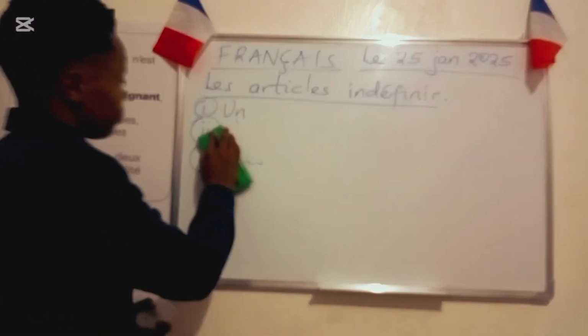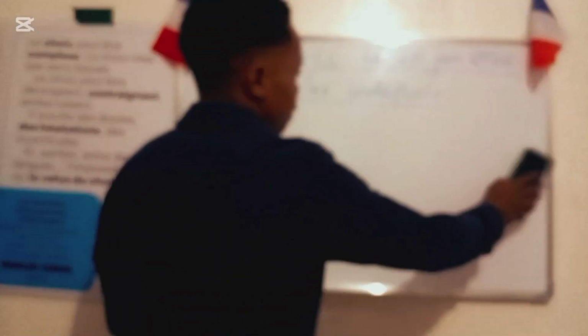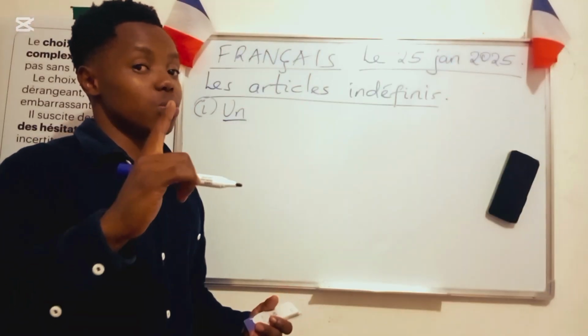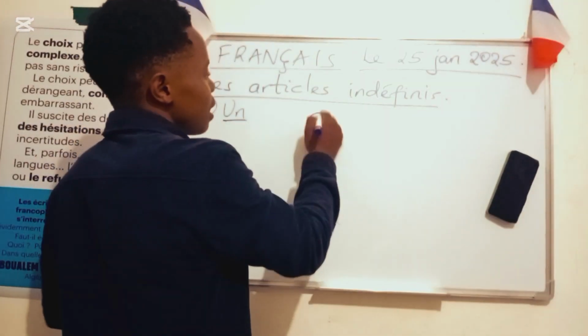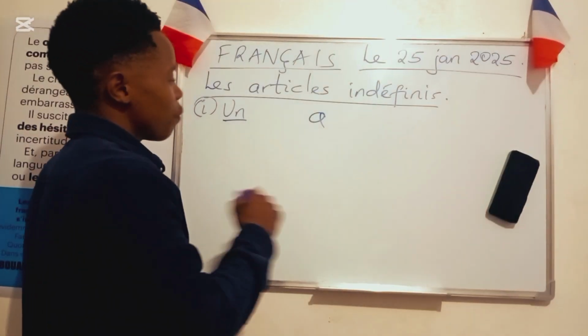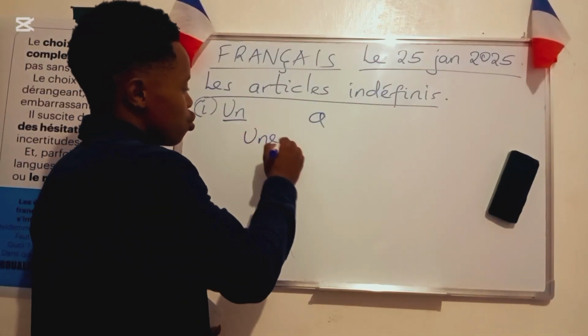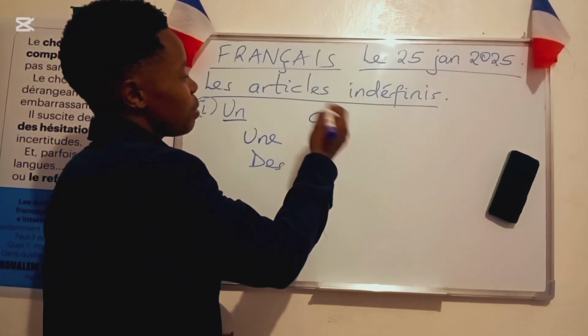How do we use un, une, and des? I'll start with un, of course. Very fast, un. Of course, I know un is also a number, which means one. And of course, this one in English simply means a. All of them, un, une, and des, simply mean a.